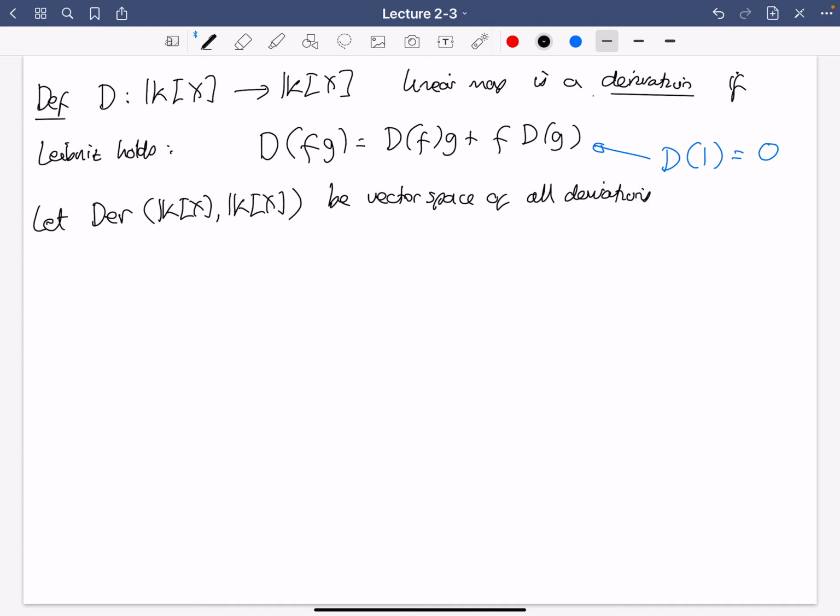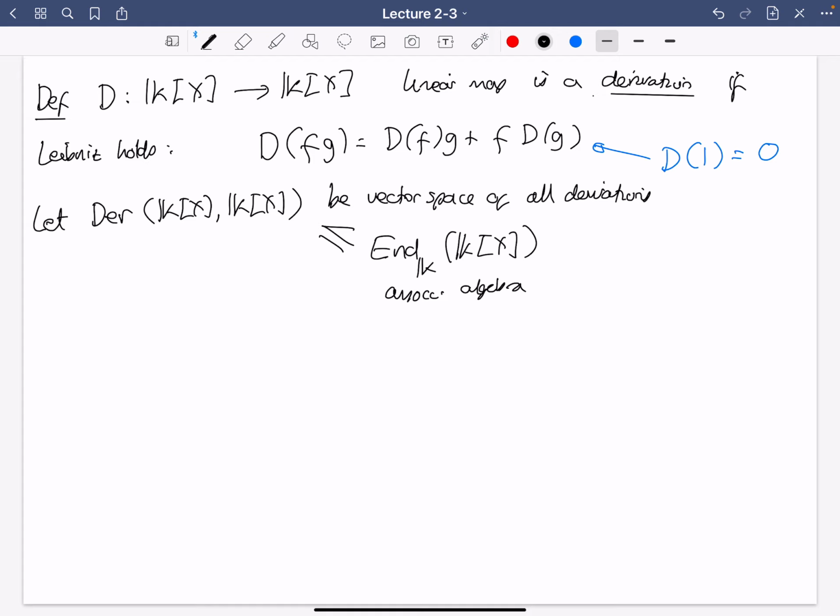As I said, I could just as well replace K[X] here by any associative K-algebra I like. Indeed, you don't even need it to be associative in general. So this is a subspace of the vector space of all linear maps from K[X] to K[X]. And of course, this space here is an associative algebra under composition.